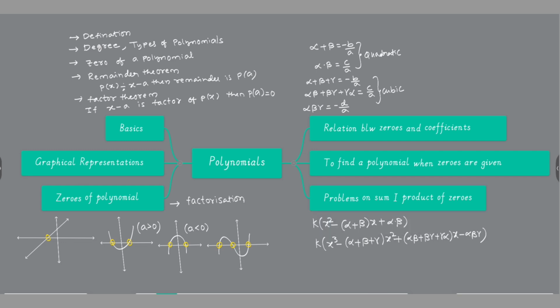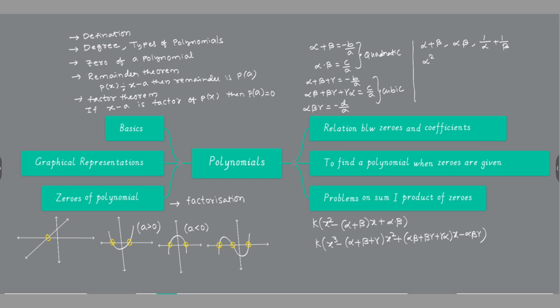Now what kind of problems will be there based on sum and product? On a quadratic polynomial, they may ask you to find the sum of zeros. Polynomial will be given, you have to find sum of zeros, product of zeros, sometimes 1 by alpha plus 1 by beta, where alpha and beta are the zeros of the polynomial.